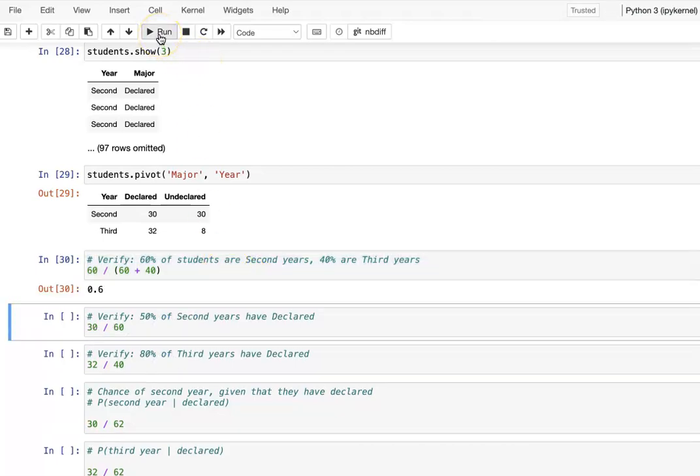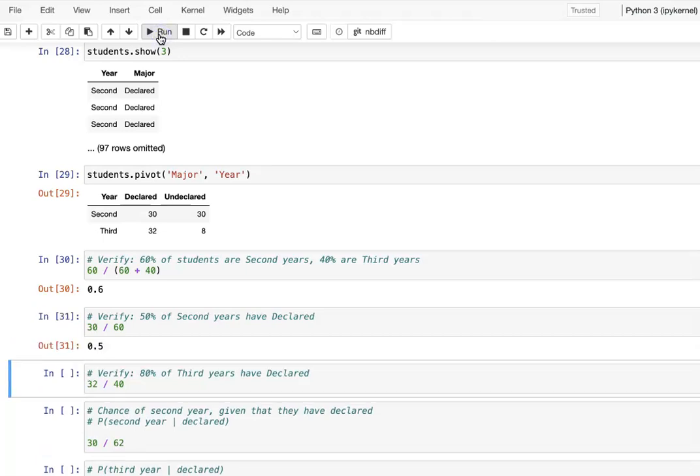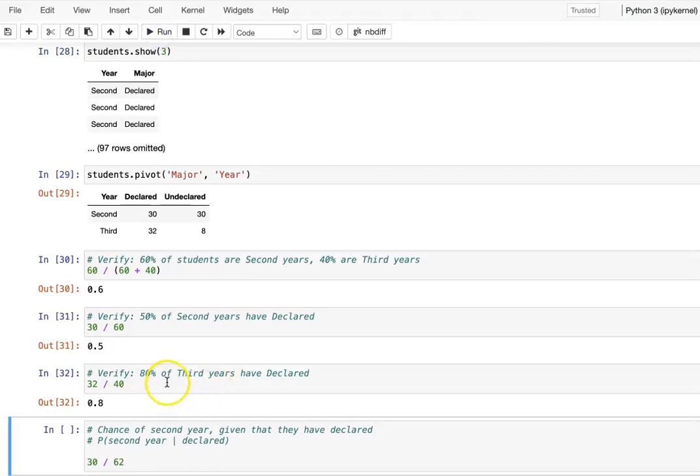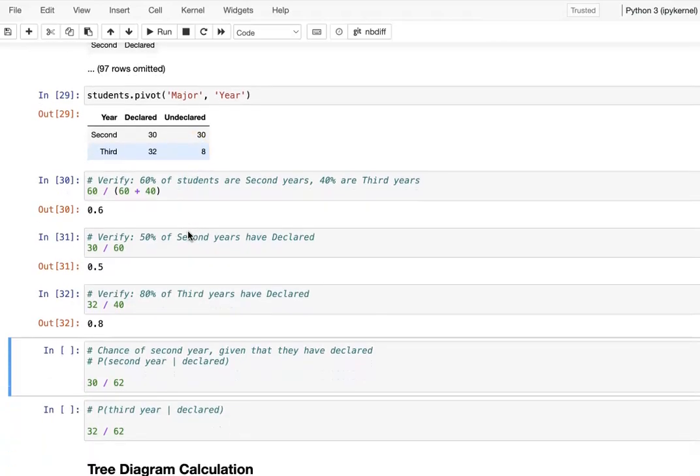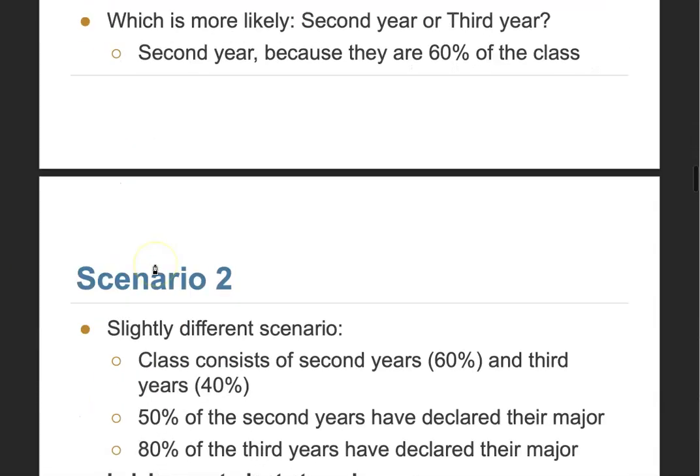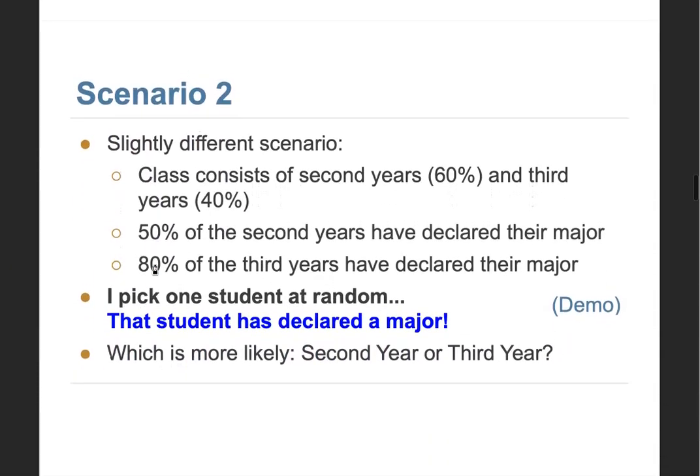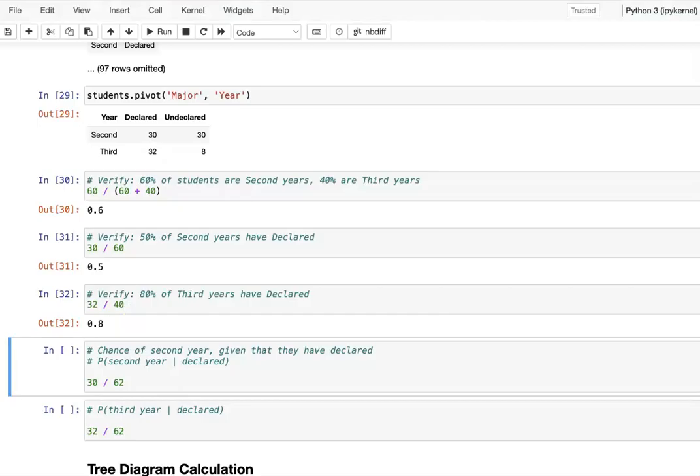For example, we have 60 second year students, and 50% declared their major. Then 80% of the third year students declared their major. Earlier you could see that in the data. So back to our question in scenario 2: since we told you the student declared the major, we only check the second column.